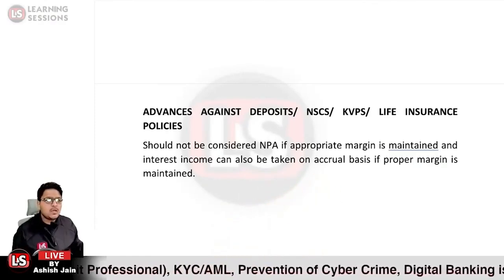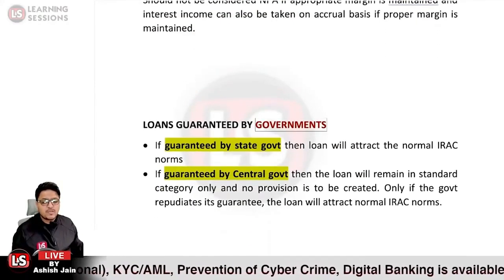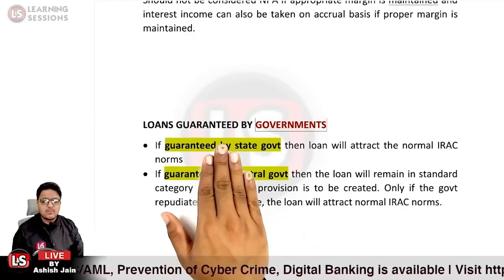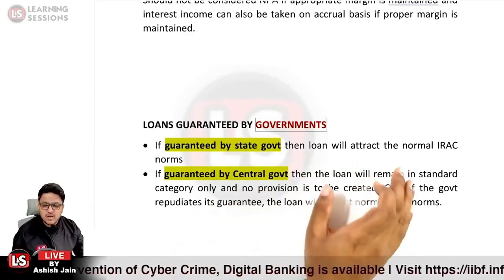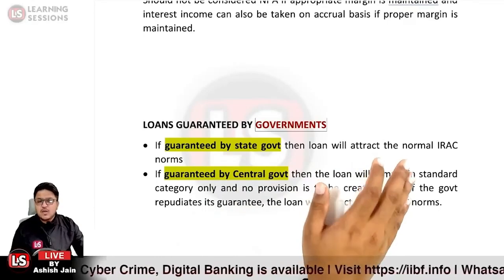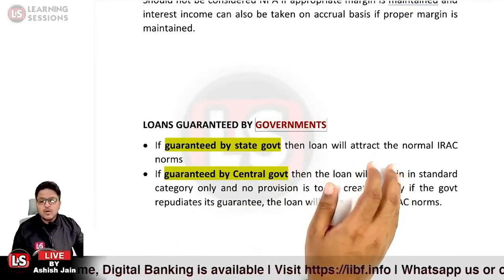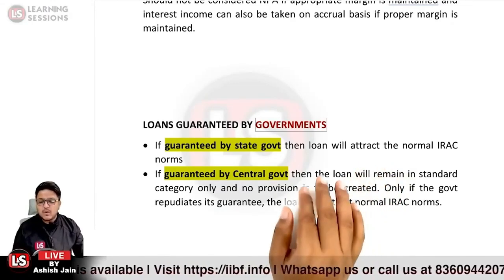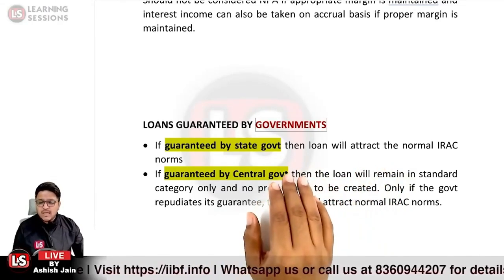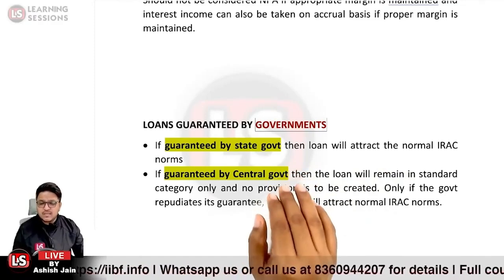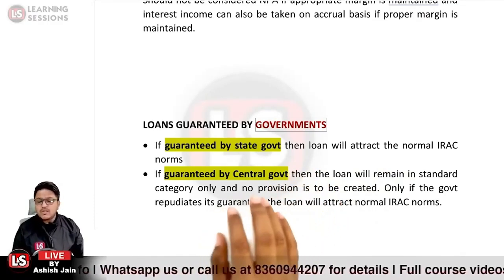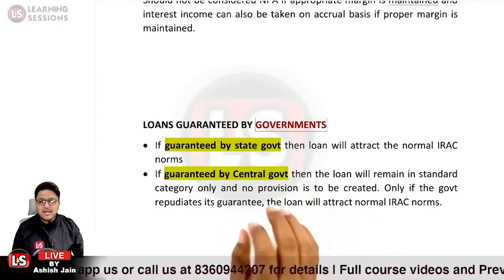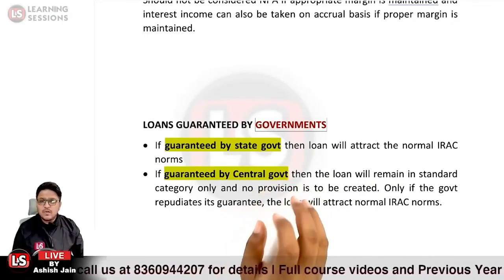Then it is related to loans guaranteed by the governments. Where the loan is guaranteed by the state government, normal IRAC norms would be applicable, as on other loan accounts. But if the loan is guaranteed by the central government, the IRAC norms will not be applicable.